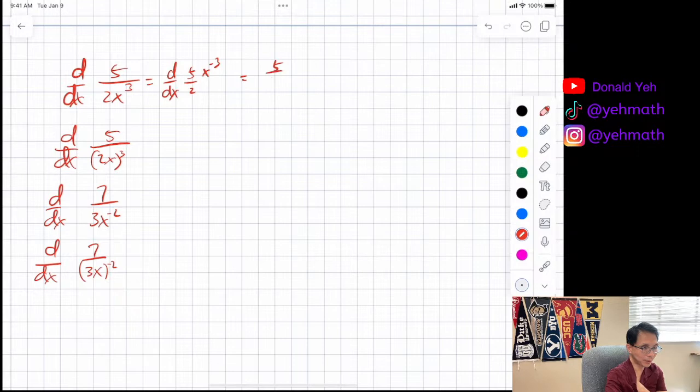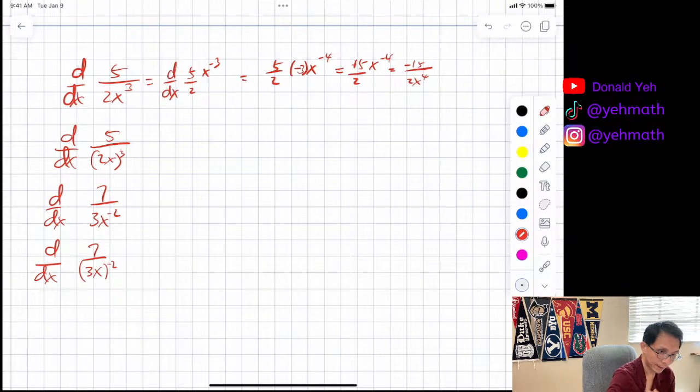I just write the 5/2 in the front and focus on taking the derivative of x to the negative 3. It'll be negative 3 x to the what? There we go. That's equal to negative 15 over 2 x to the negative 4, or negative 15 over 2x to the 4th. And that's my final answer.